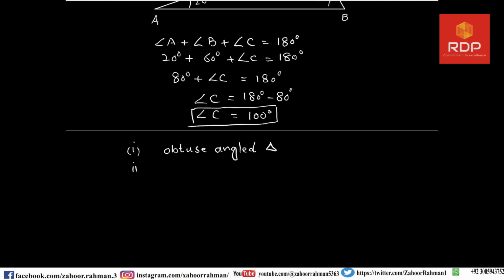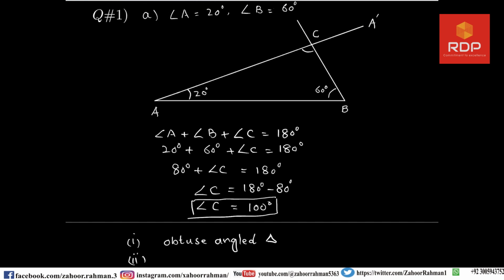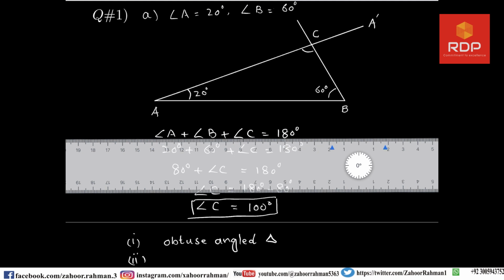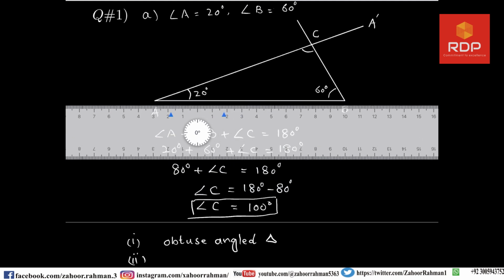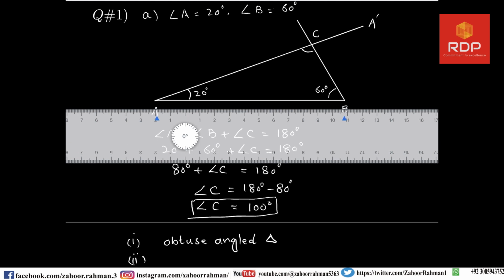And for the second classification, if we are measuring all these sides here, for example, I am measuring this here and here as well, then it is almost about 8 centimeters.